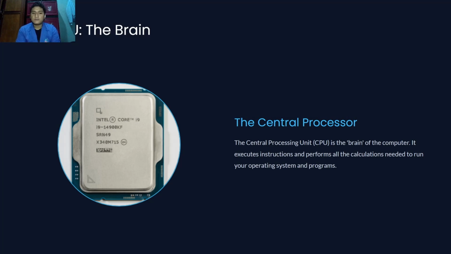As I mentioned before, the central processor is the brain of the computer. It executes instructions and performs all the calculations needed to run your operating system and programs. So it's basically the brain of the computer for smooth running. Here we can see an Intel Core i9 as the brain of the computer.